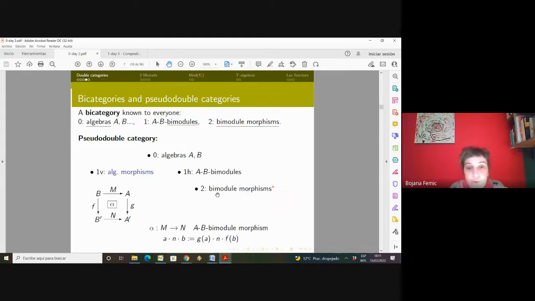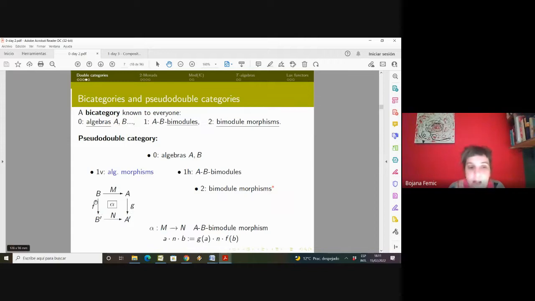And now the 2 cells, they are bimodule morphisms. That means that looking from the point of view of the category C1, alpha will be a morphism from the bimodule M to the bimodule N. And now alpha, I'm saying that it is an AB bimodule map. But I first need to say how this N in the codomain is an AB bimodule.